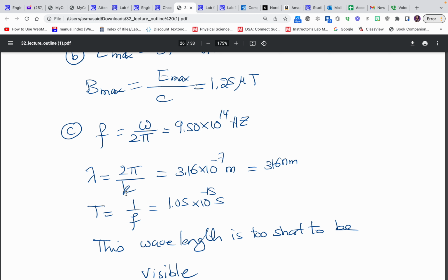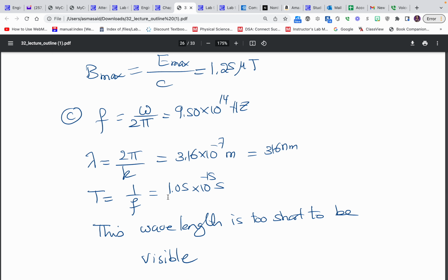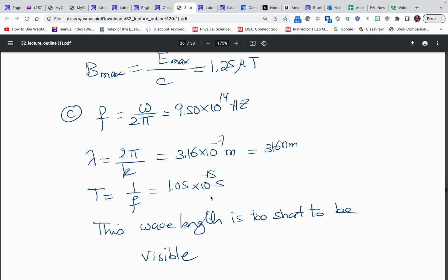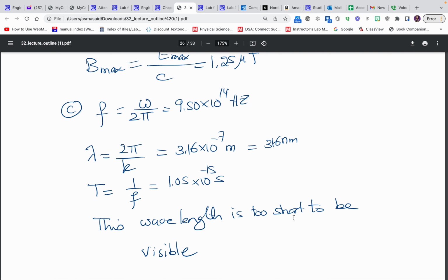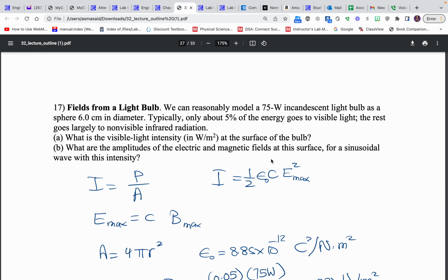Lambda is 2 pi over k, it is 3.16 times 10 to the negative 7 m, and that is 316 nanometers, and T equals 1 over the frequency, then 1.05 times 10 to the negative 15 seconds. Now, this wavelength is too short to be visible. If you look at lambda, it is 316. Remember, the lowest is 400 nanometers for the violet.